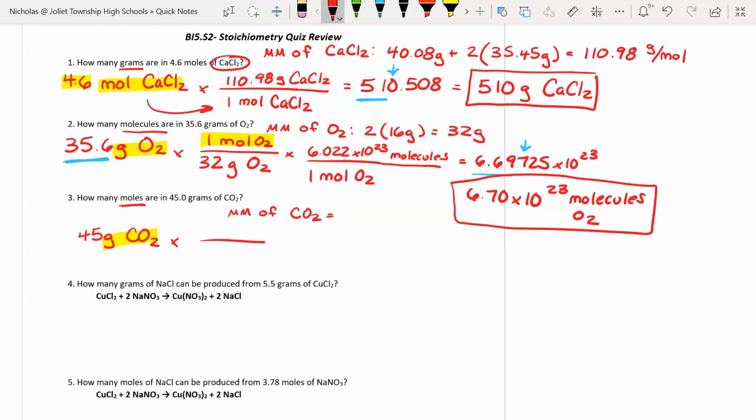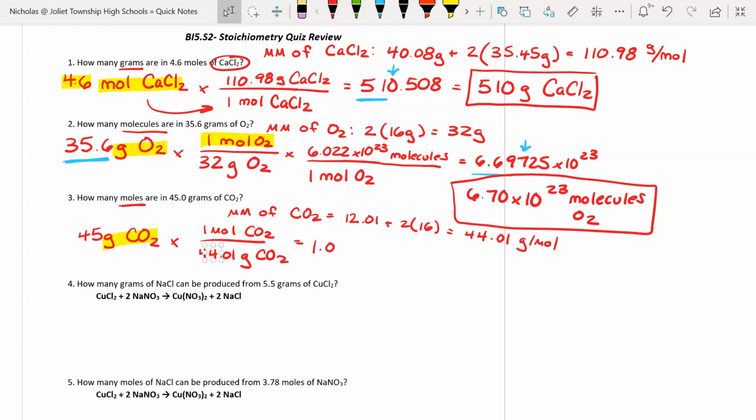And let's go ahead and look this up. So carbon on the periodic table is 12.01, and then oxygen, there's 2 of them, and there's 16 apiece. So that's going to give us a molar mass of 44.01 grams per mole. So the grams are going to go in the denominator here. And there are 44.01 grams for every 1 mole of carbon dioxide.